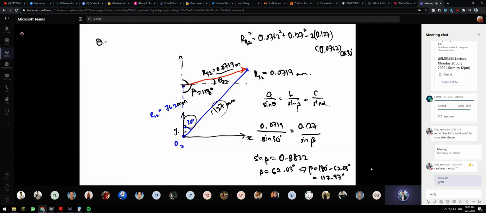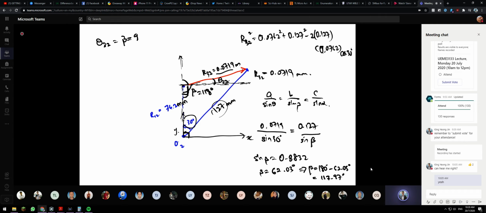That's why your theta 32 is the beta minus the angle. What is the angle of this between the horizontal, the x-axis of the local non-rotating coordinate system to the R12? Since this one is 90, so that's why over here we are getting 90 as well.